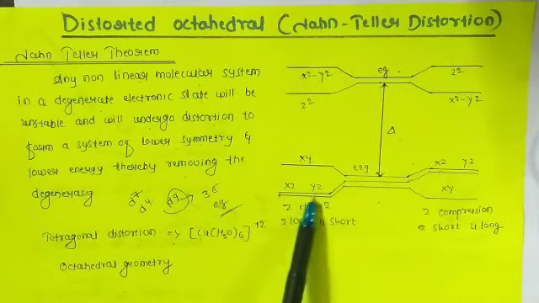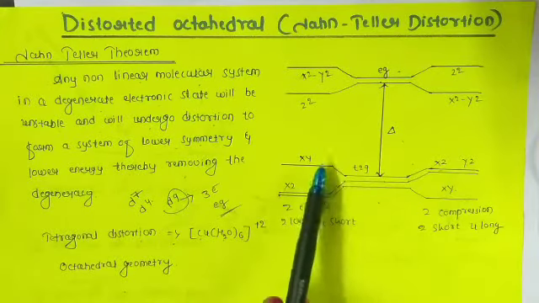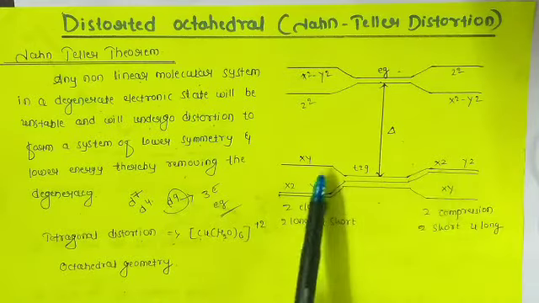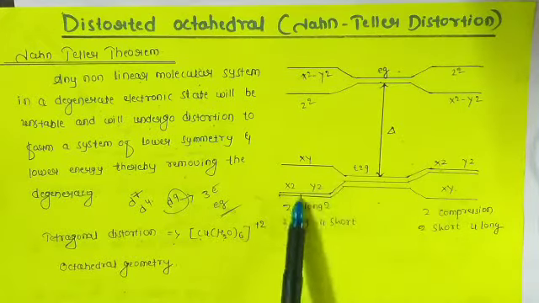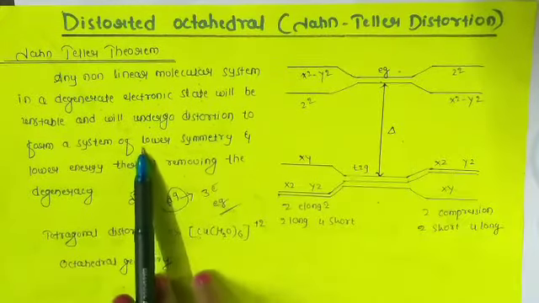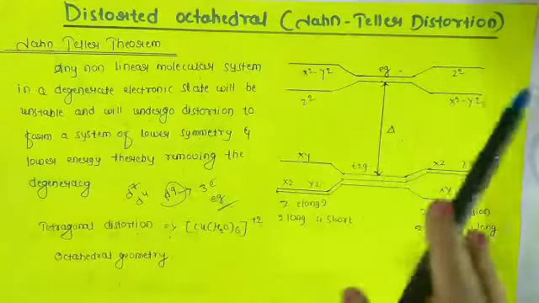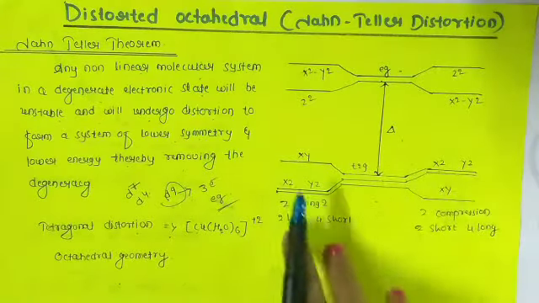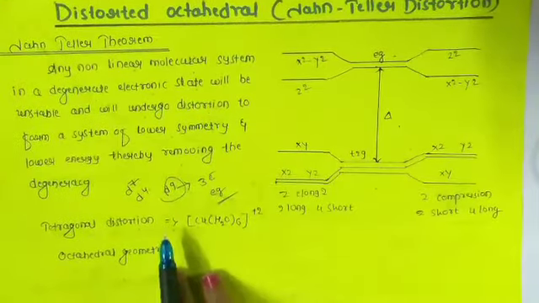It is the elongation and it is the compression of xy, yz, zx. Here xy, and then yz as well as zx. It is a distorted octahedral, also known as Jahn-Teller distortion, in case of octahedral complexes.